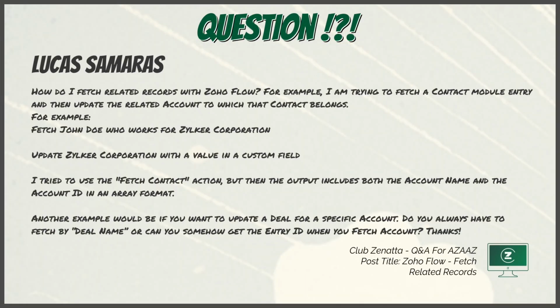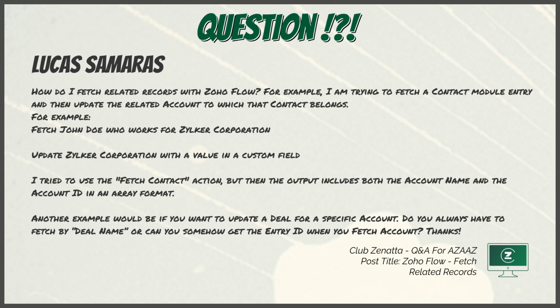And another one for me, Lucas Samaras asked, how do I fetch related records with Zoho Flow? For example, I'm trying to fetch a contact module entry and then update the related account to which that contact belongs. For example, fetch John Doe, who works for Zoho Corporation, and update Zoho Corporation with a value in a custom field.